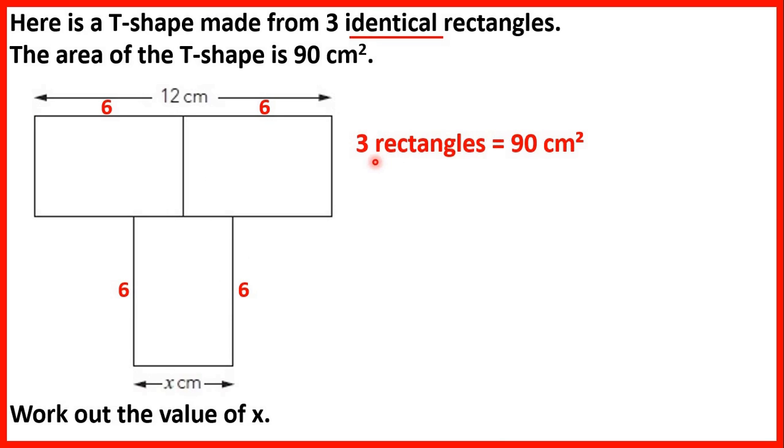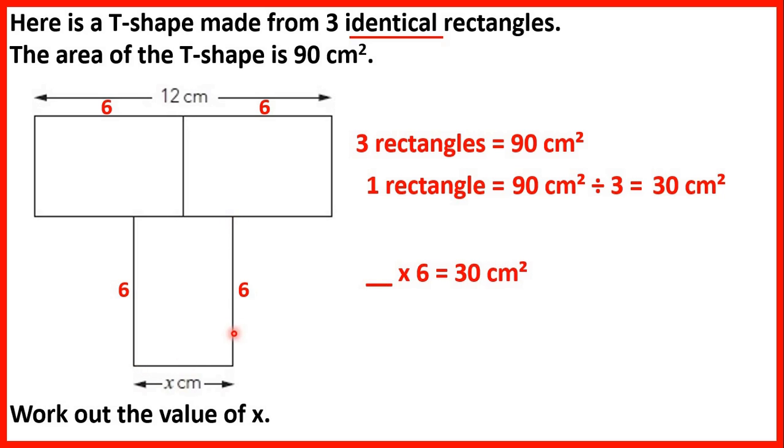So we know that 3 rectangles have an area of 90 centimeters squared. So we can find the area of one rectangle by dividing 90 by 3, and that gives us 30 centimeters squared. To calculate the area of a rectangle, we multiply the length by the width.